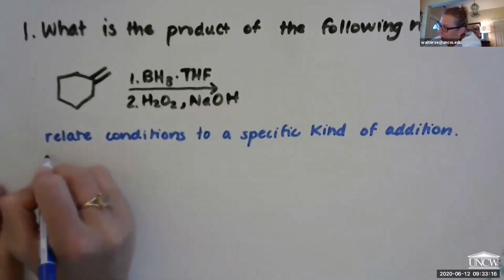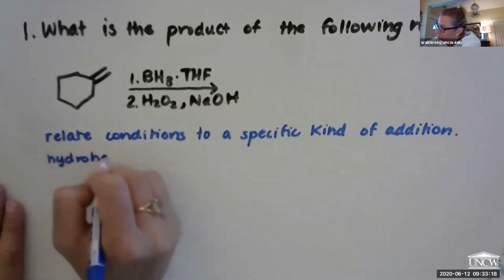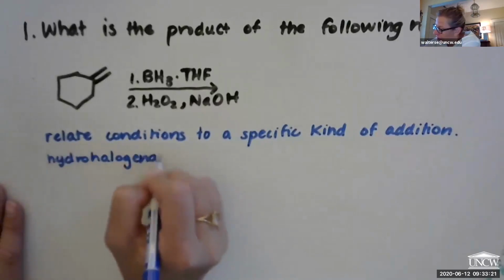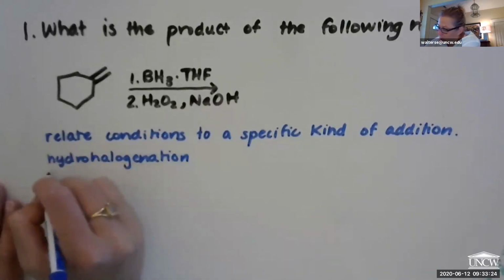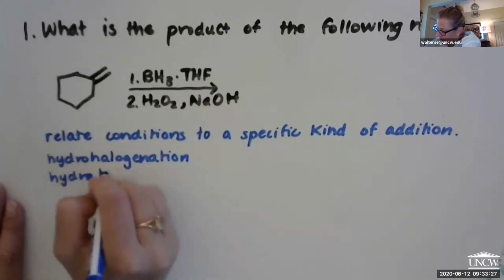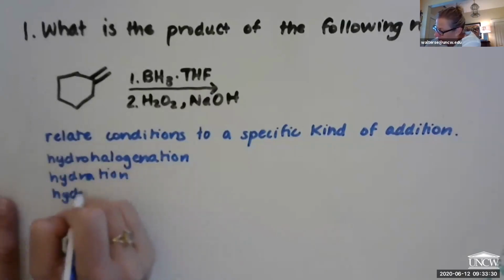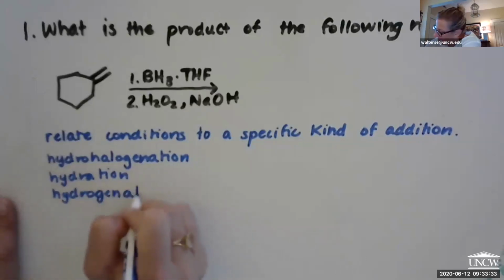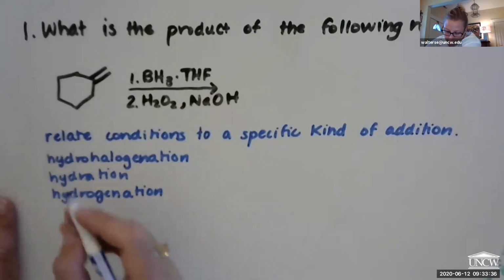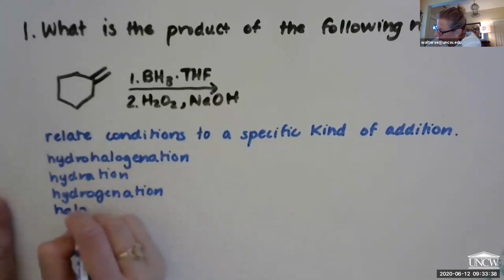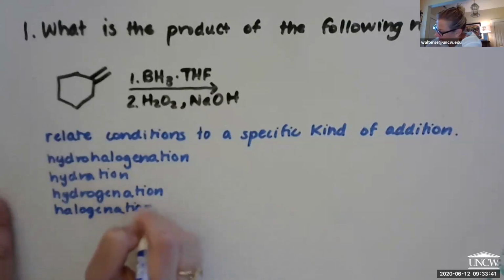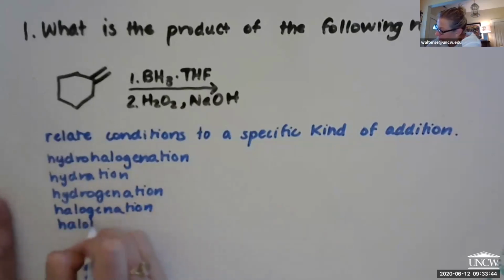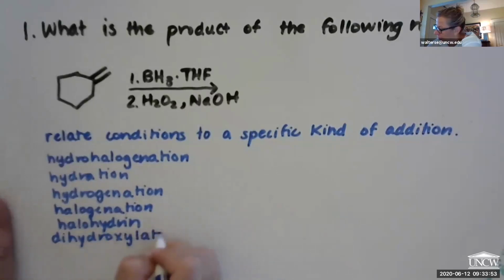So you could say we have hydrohalogenation, hydration, hydrogenation, halogenation, halohydrin formation, dihydroxylation, and oxidative cleavage.